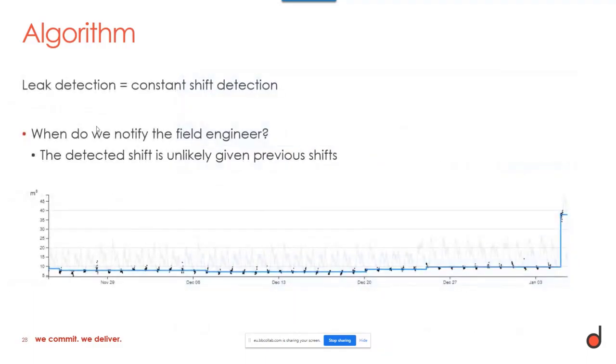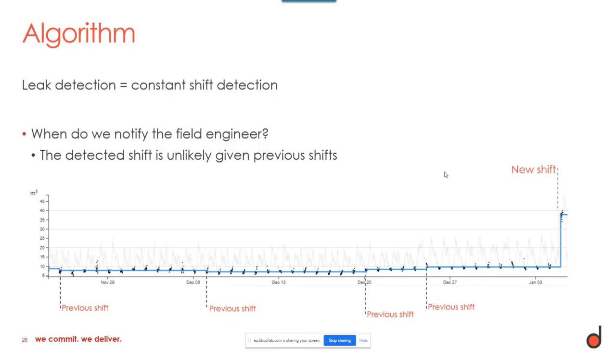So when do we notify the field engineer? Let's say, for example, you can clearly see the different shifts in volume level here, and currently we're at this volume level. Looking back, this really looks like something is happening here. So we check the new shift and compare it to all the previous shifts.